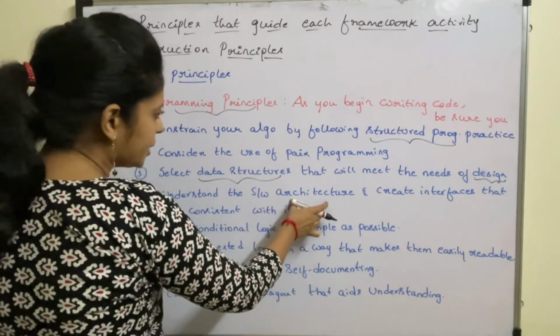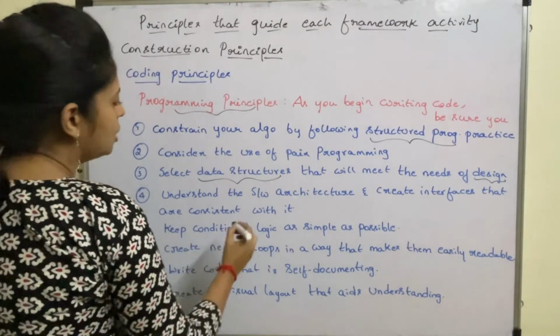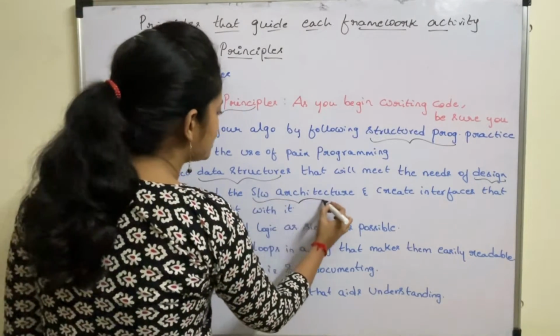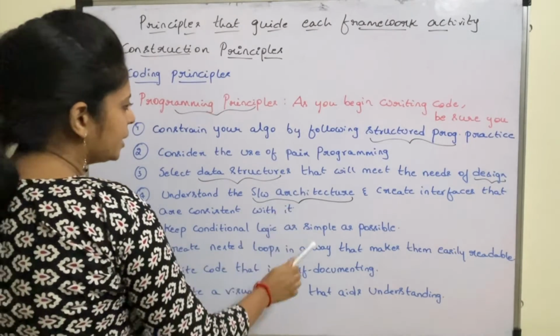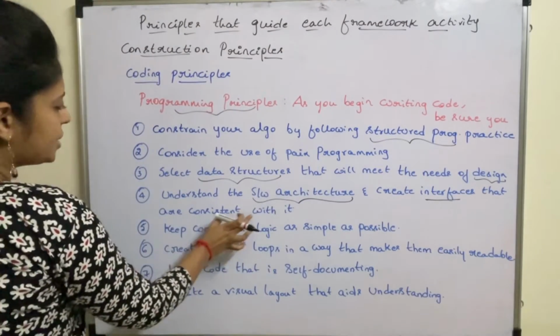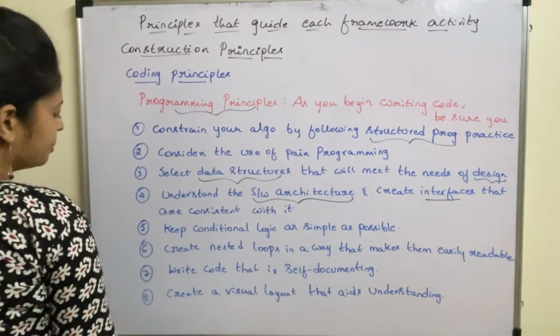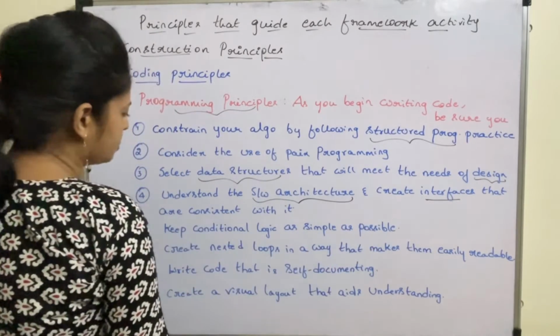Understand the software architecture and create interfaces that are consistent with it. First understand the type of architecture, and based on it, create interfaces which are consistent with that architecture.